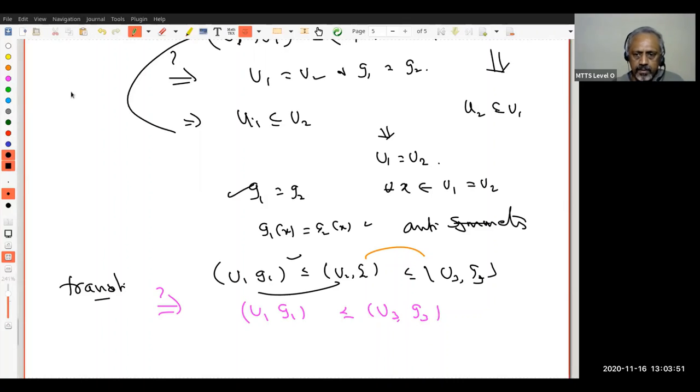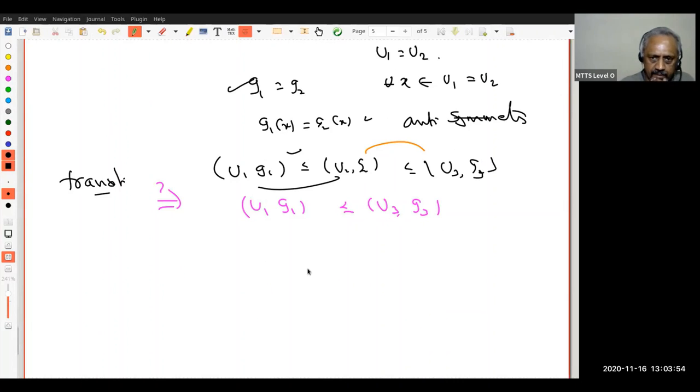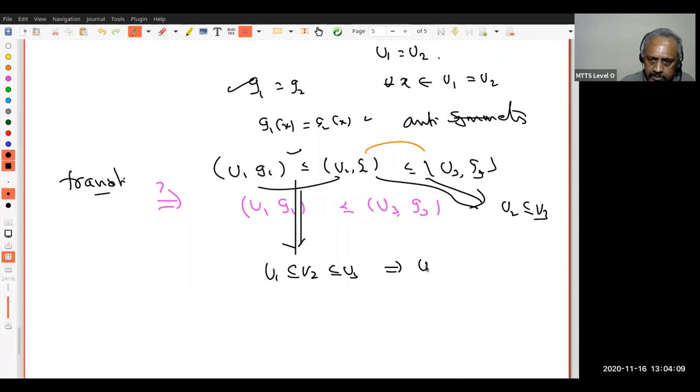Yeah, but that's easy again because u1 g1 less than or equal to u2 g2 implies u1 is contained in u2, and this implies u2 is contained in u3. Therefore, this implies u1 is contained in u3. You understood? Therefore, u1 contained in u3 is clear.